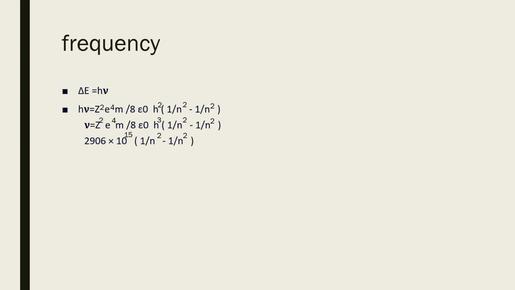Now with reference to the energy levels, we can also find the delta of the energy with respect to frequency. How to find that? We take the value of the energy, and here is the standard term of the energy. Now we have to equate it with the formula of the frequency.